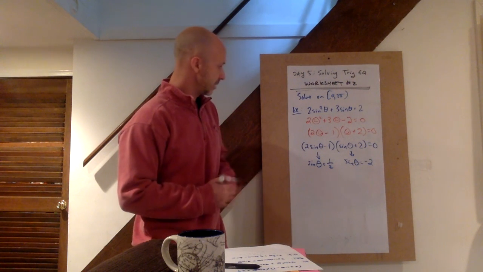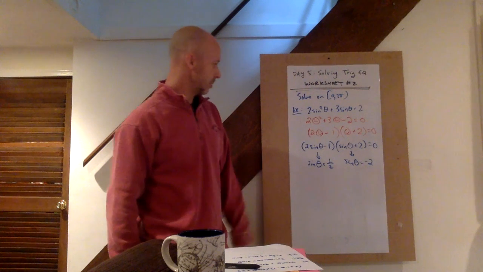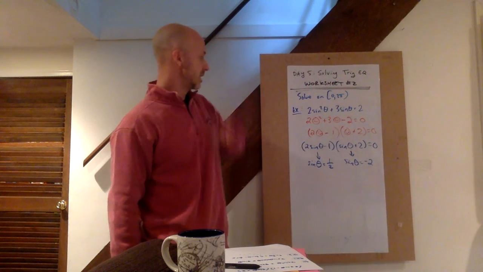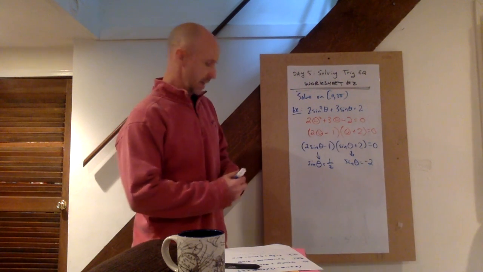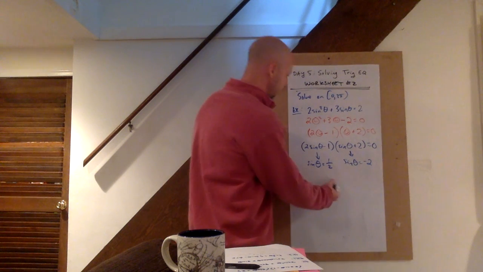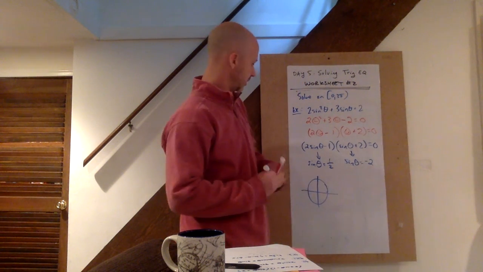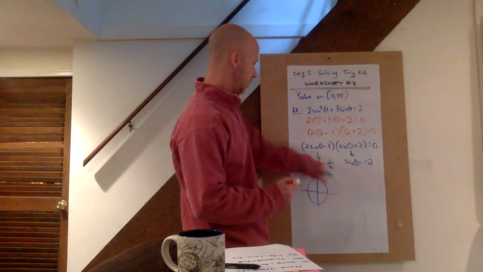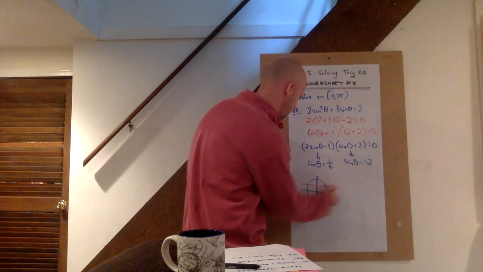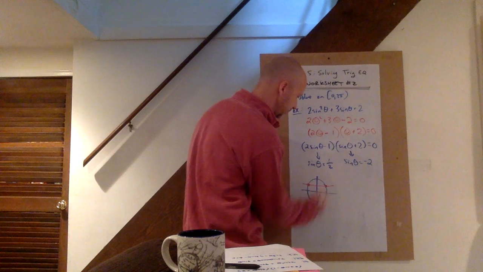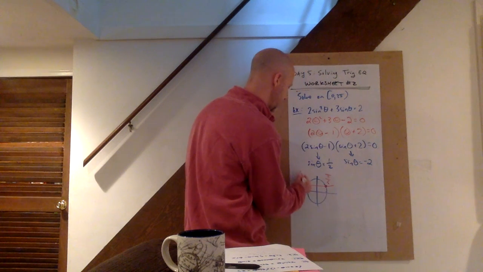So to finish up the problem, I need to know where sine theta is equal to 1/2, and if I can get that answer, then I've got the answers to my original problem. So maybe I'll draw a little unit circle here, and then a horizontal line at y equals 1/2. And I can see my 2 solutions are pi over 6 and 5 pi over 6.